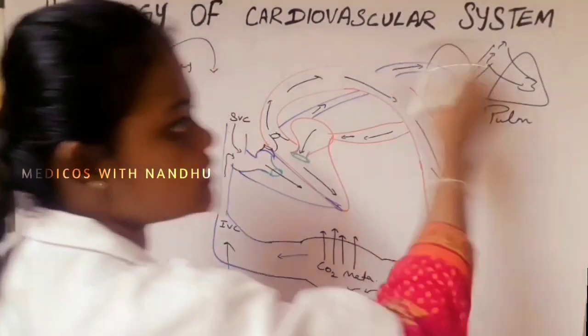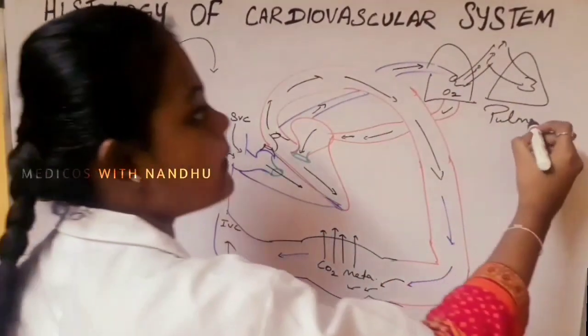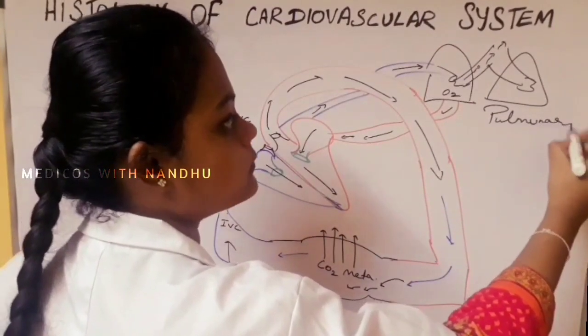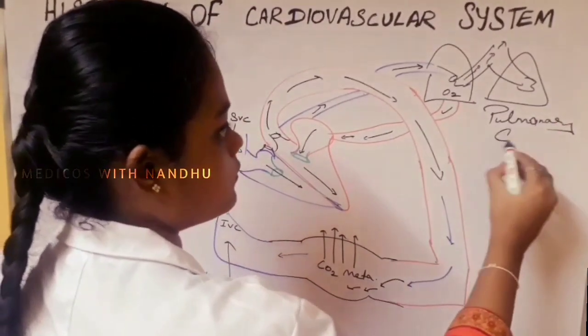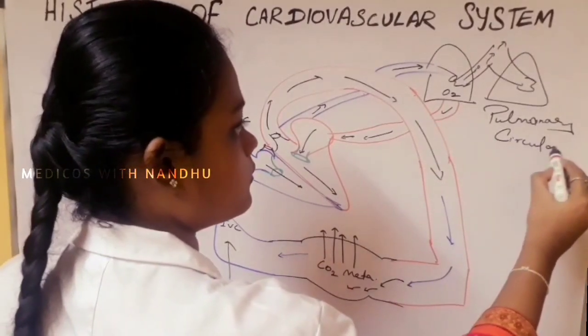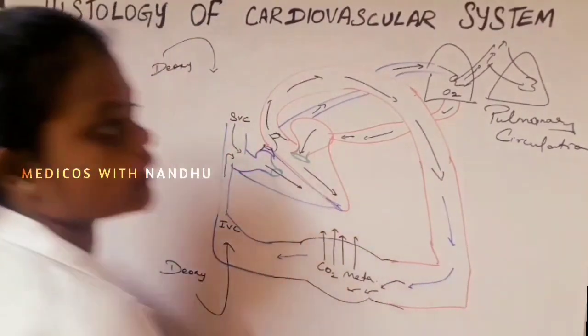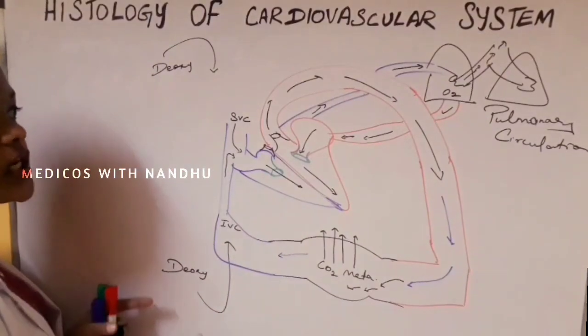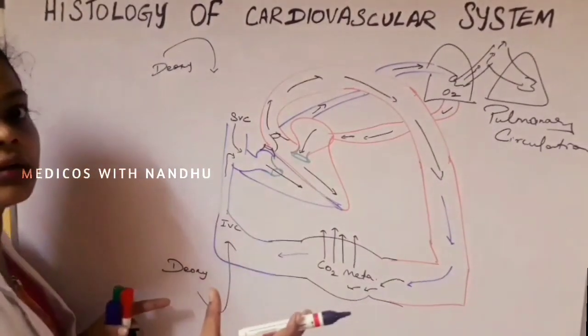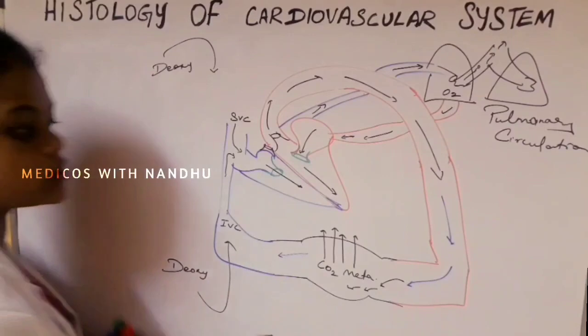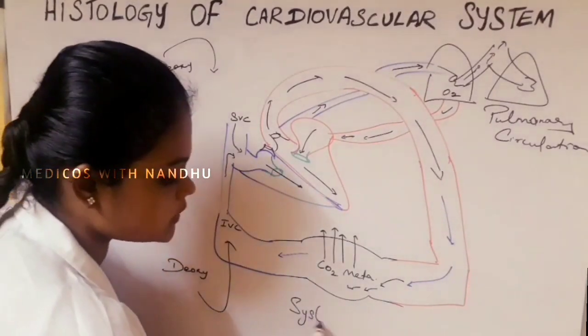And the overall circulation in the body is known as systemic circulation.